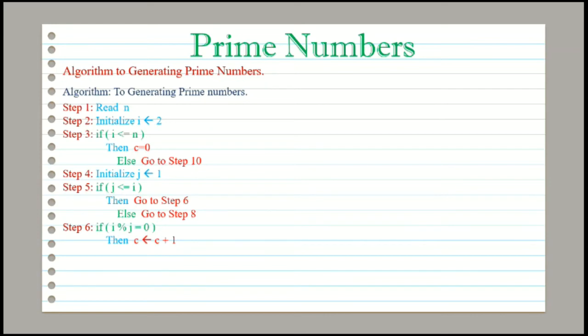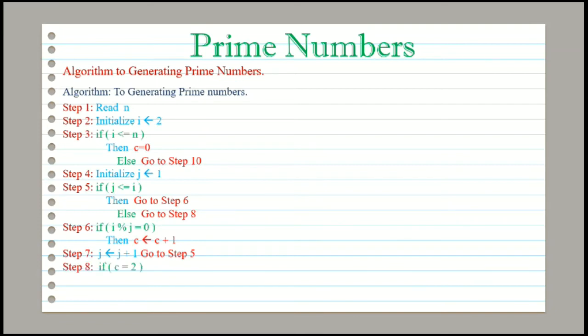In step 7, we will increment the value of j by 1, and we will go to step 5 to check the next divisor. So from step 5 to step 7, these steps will be repeatedly executed till j is less than or equal to I. When the condition is false, we will go to step 8 to check whether the number is prime or not.